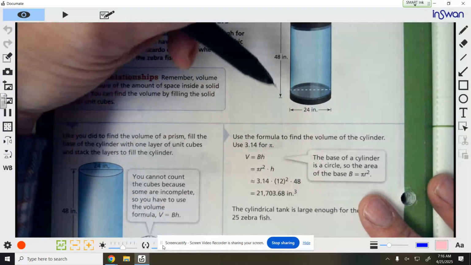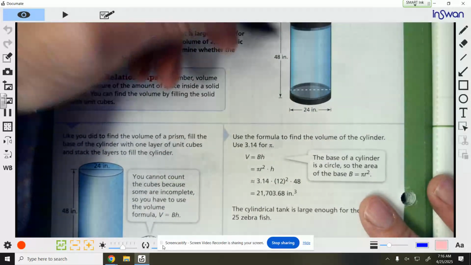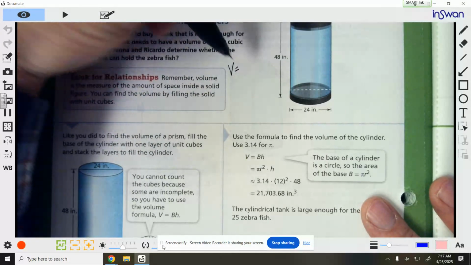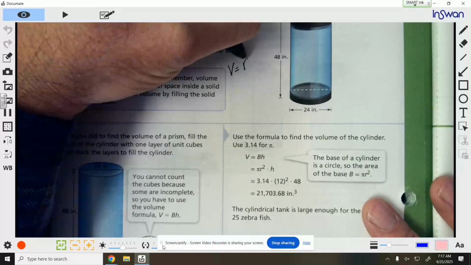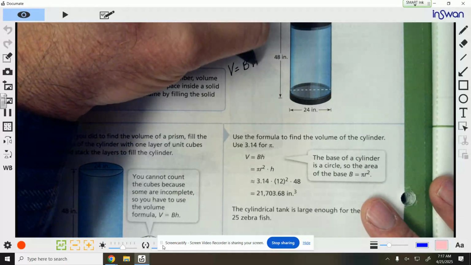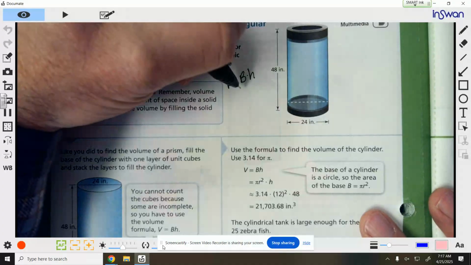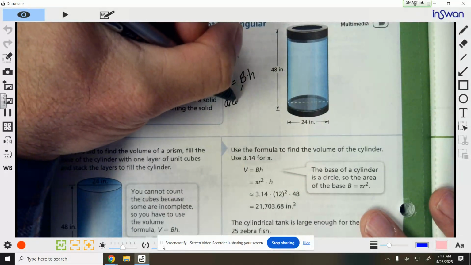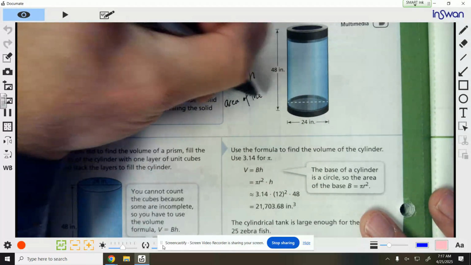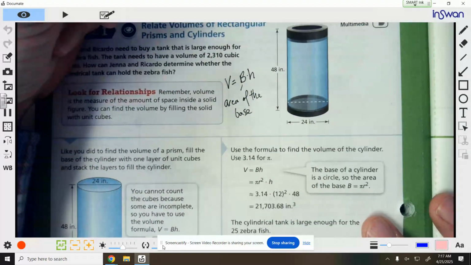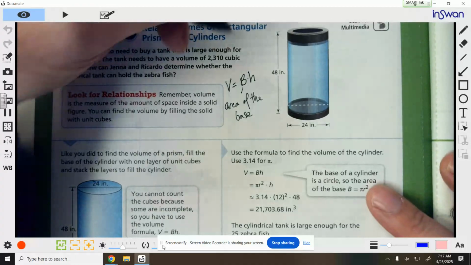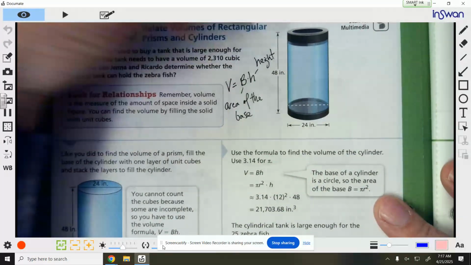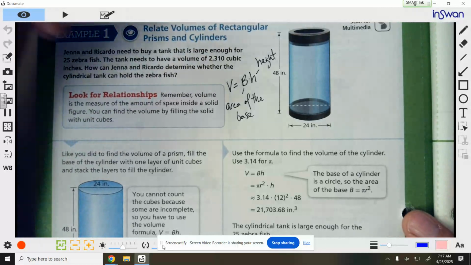And if you're looking at the cylinder, as well as any prism, the formula is going to be V equals big B times H. Okay, now the big B stands for area of the base, whatever shape the base is. And H is going to be the height of the cylinder or the prism.